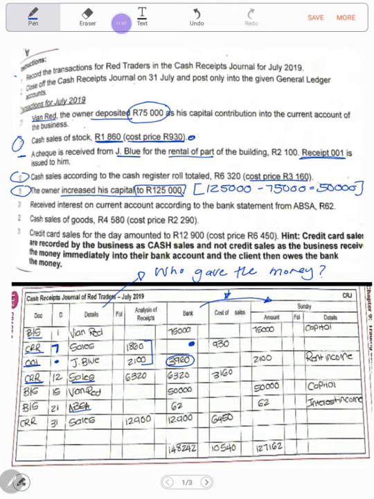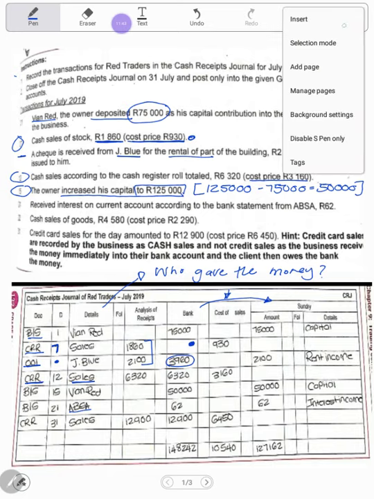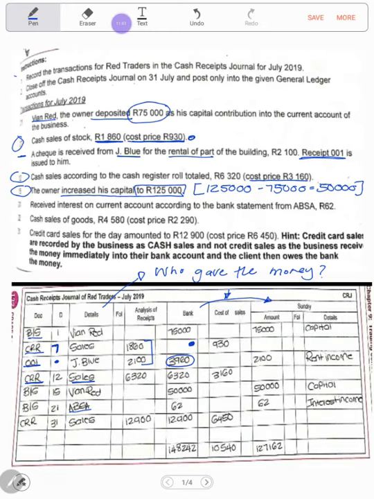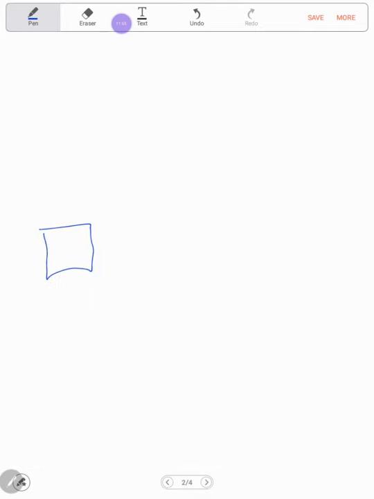All right, so remember, we have three people. Let me explain this again. We have the business, our business's name is, okay, they didn't give us, but it's Vian Red, the owner, his business. And then we have the customer, and then we have the bank, Absa.